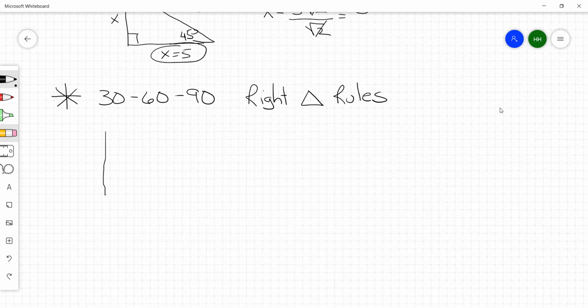So let's take a look at a 30, 60, 90. We're going to make this the 30-degree angle. This is the 60-degree angle.